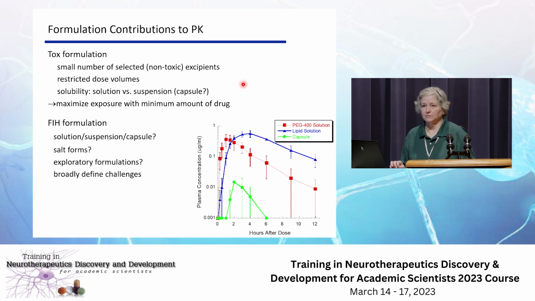You have to trade that off with lipid formulations, which ones are going to be safe in tox studies, but it's a useful thing to understand. This also helps our colleagues that have been charged with making the formulation for the clinical trials. What did we learn in the animal studies, and how does that impact how they're going to go about developing the first capsule or the first tablet?